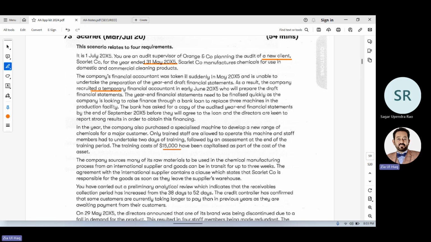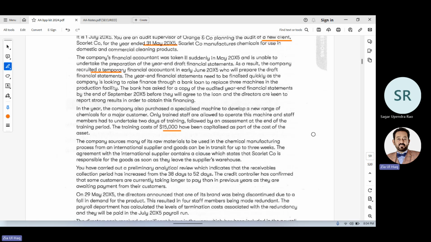The company sources many of its raw materials to be used in the chemical manufacturing process. If the question has so many small paragraphs, this means in every paragraph there is at least one risk. Some paragraphs have more than one, but at least one risk is always there in every paragraph.